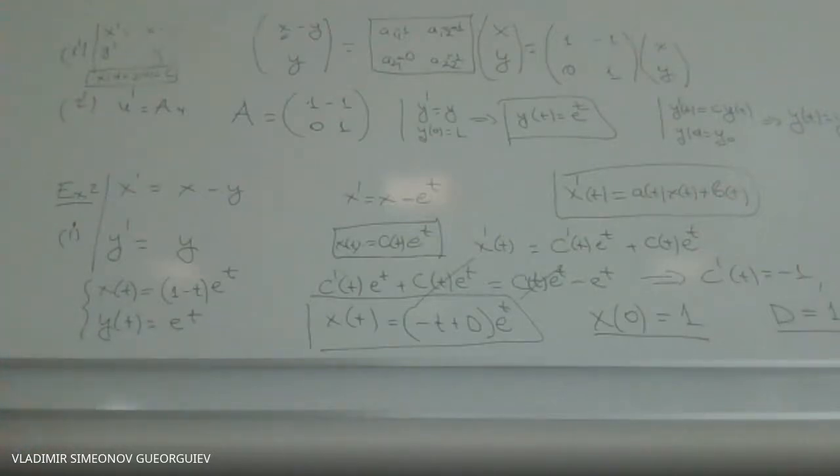What is the difference between the previous case and the new one? Here we have a kind of linear function in t. Therefore, for example, when t is 0, you see this is 1, this is 1.